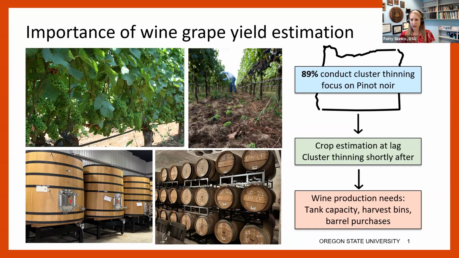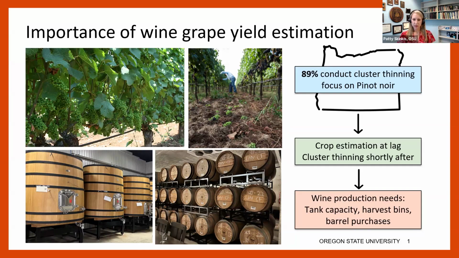About 12 years ago, when I started doing yield management research, I did a survey of the industry and found that 89% of Oregon producers were doing cluster thinning. And most of that was on premium varieties and especially Pinot Noir, in part because they were getting down to certain yield targets or crop load targets that they wanted to achieve, and they had to know how much to adjust. And in order to do that, you have to be able to know what is out there.